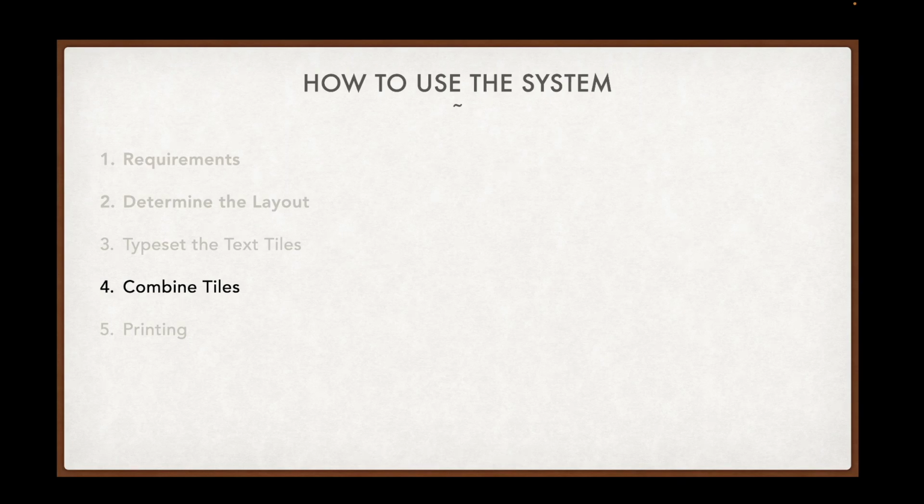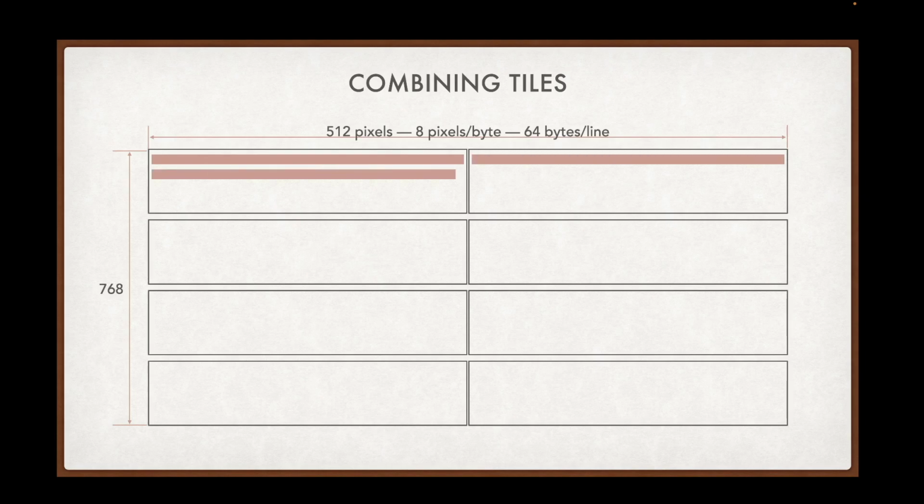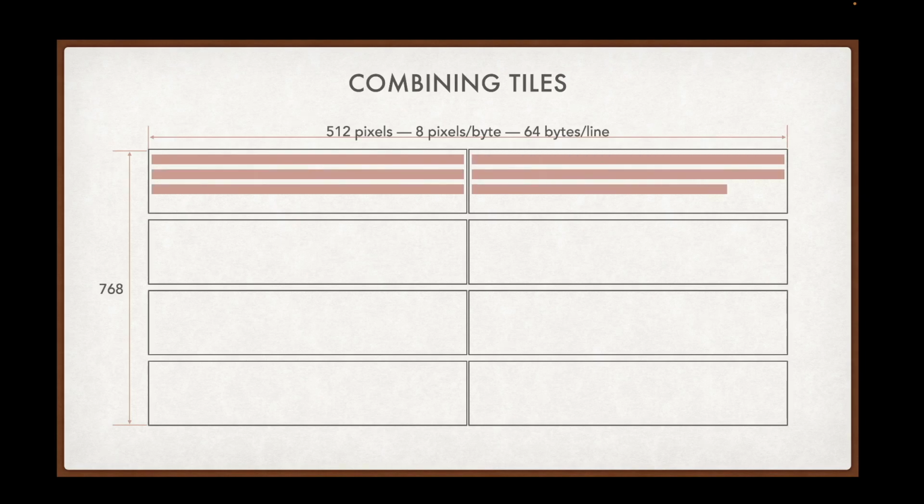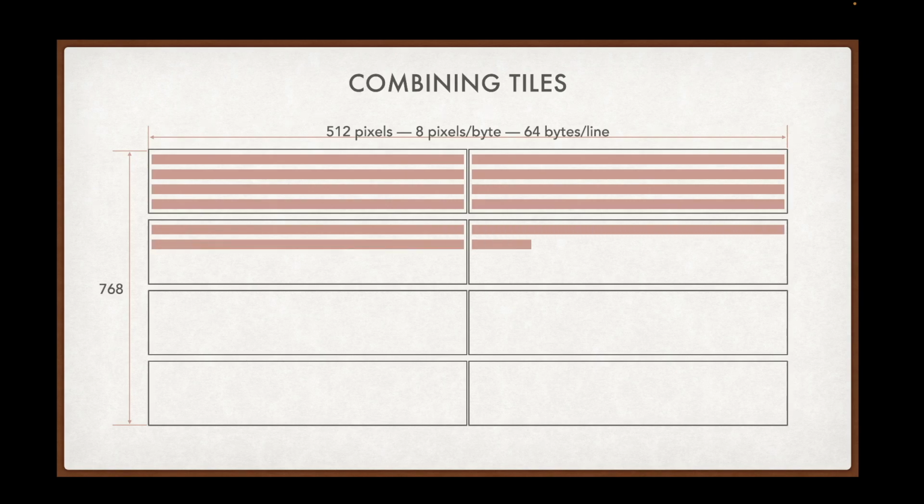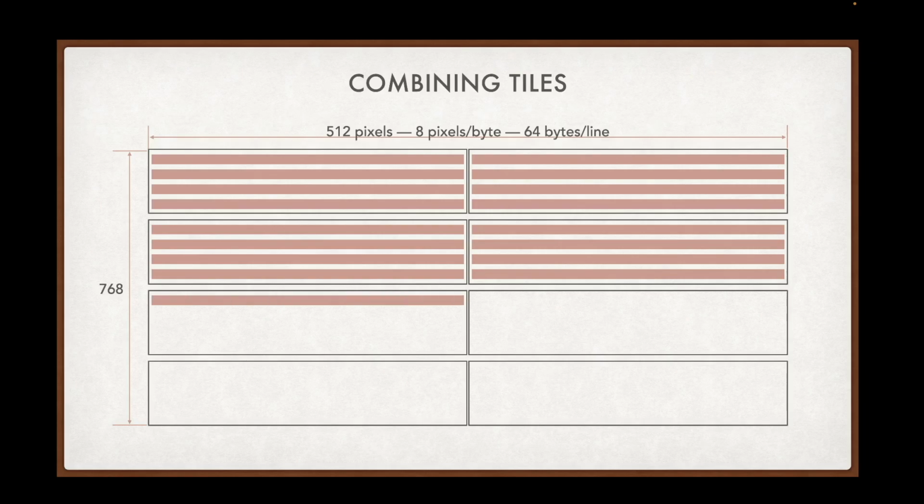Now that we have all of the tiles finished, all 8 tiles, it's time to combine them into one contiguous file. So the way that works is it basically reads each line of a file, and because it's a PMODE 4 graphics screen, a line is 32 bytes.